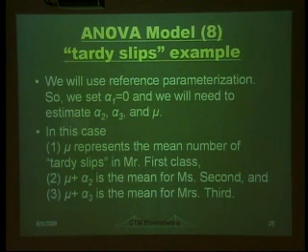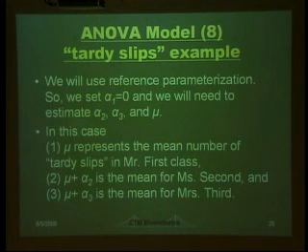In this case, alpha 2 will be the difference between group number 1 and group number 2. Alpha 3 is a difference between our reference group, which is group number 1, and group number 3. Okay? So in this case, mu represents the mean number of tardy slips in Mr. First's class.